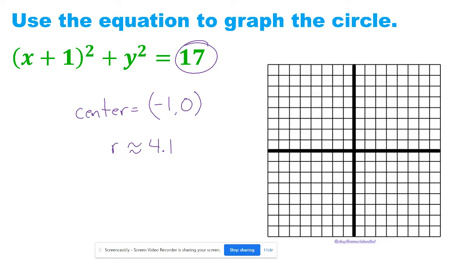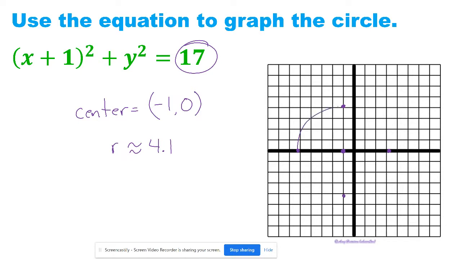So now I'm going to put my center at (−1, 0) right here. And it's about 4.1. I'm going to go a little more than 4 in every direction just to get an idea of what this will look like. And that's pretty good.